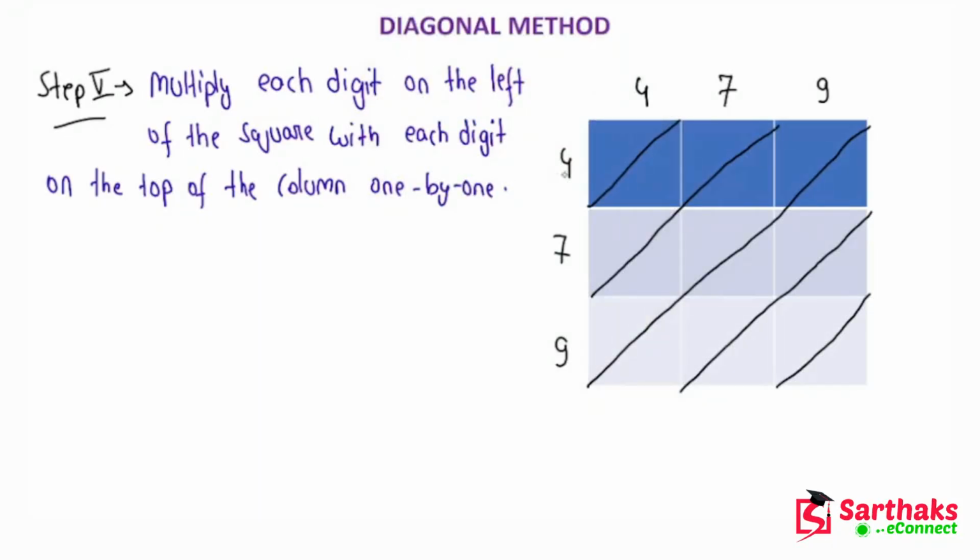It says multiply each digit on the left of the square with each digit on the top of the column one by one, and then write the unit digit of the product below the diagonal and tens digit above the diagonal. So let us first complete this one by one.